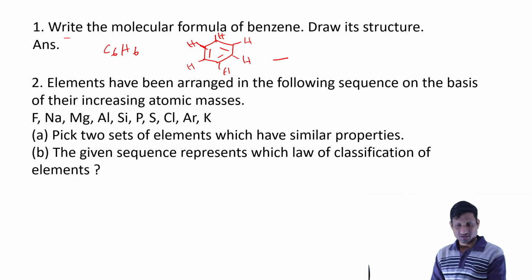And the second question, what we are having: the elements have been arranged in the following sequence on the basis of their increasing atomic masses. तो ये जो हमारा अर्ली पीरियोडिक टेबल है, उसमें एलिमेंट्स कैसे अरेंज किए गए थे, अकॉर्डिंग टू देयर एटॉमिक मास। तो उसी एटॉमिक मास के हिसाब से यहाँ पे कुछ एलिमेंट्स दिए गए हैं: फ्लोरीन, सोडियम, मैग्नीशियम, एल्यूमिनियम, सिलिकॉन, फास्फोरस, this is sulfur, this is chlorine, this is argon, and this is potassium.